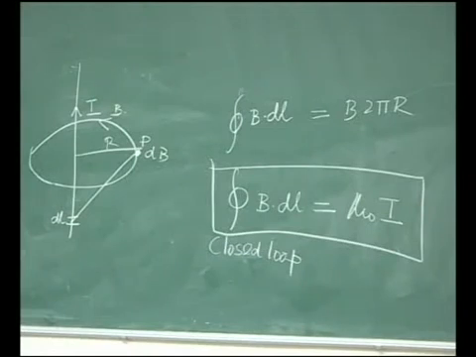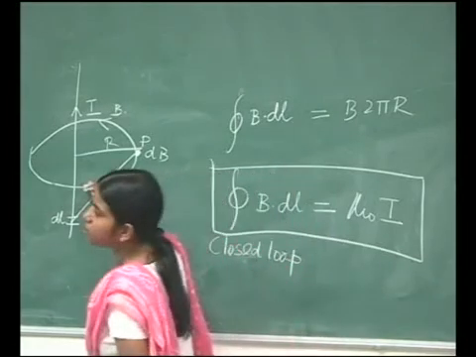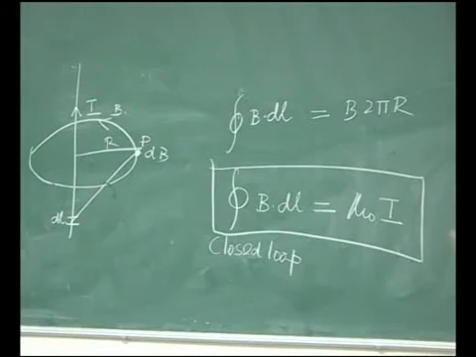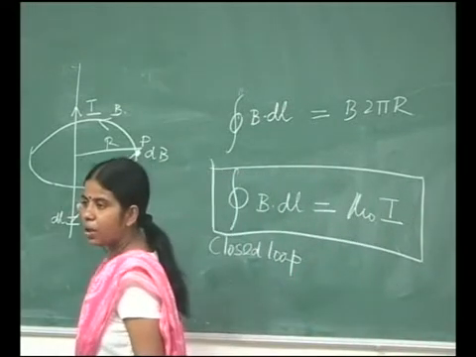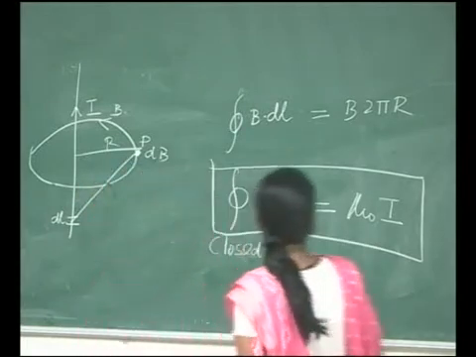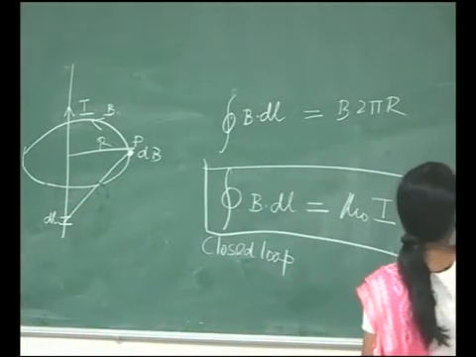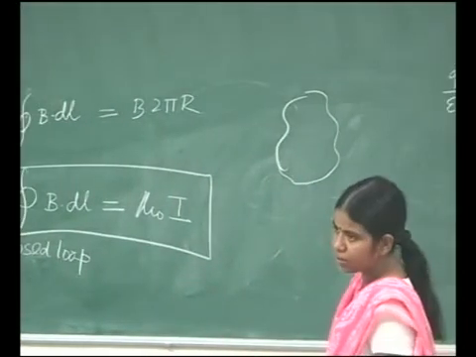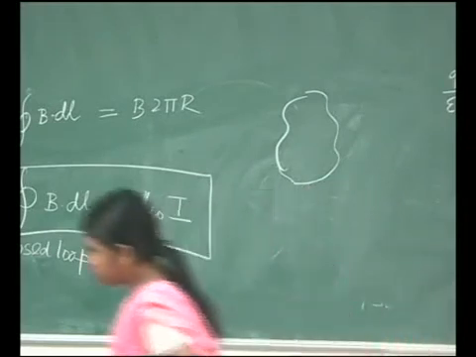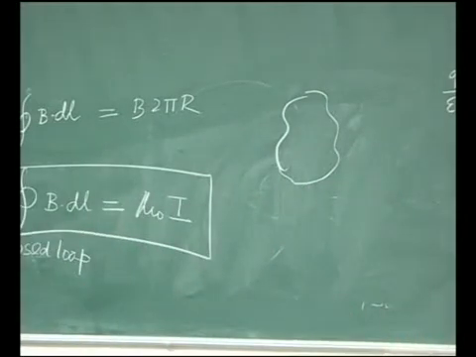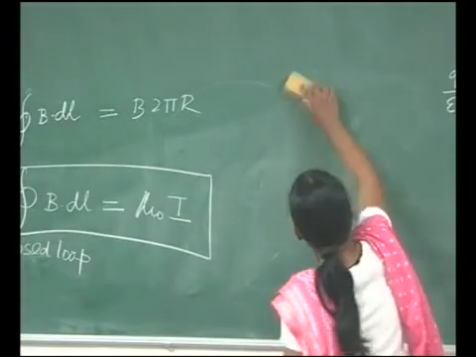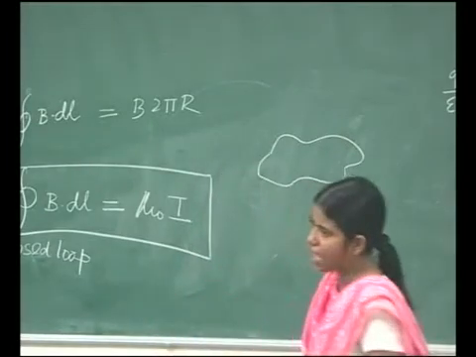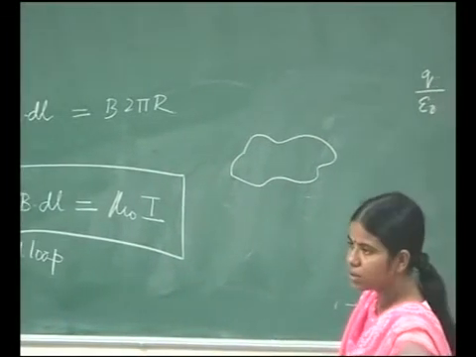But Ampere observed that the path need not always be circular. The path can be anything. So suppose I have an arbitrary path like this, let me draw it, let me reorient it like this.